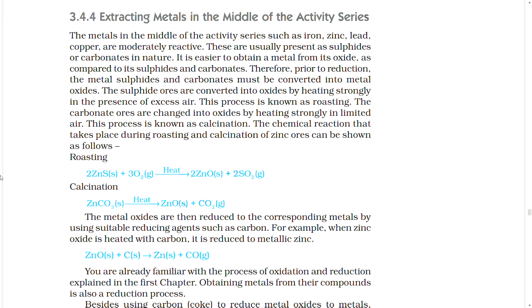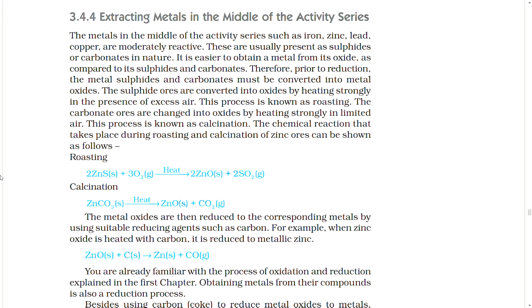The carbonate ores are changed into oxides by heating strongly in limited air. This process is known as calcination. The chemical reactions that take place during roasting and calcination of zinc ores can be shown as follows. Roasting: 2ZnS(s) + 3O2(g) → (heat) 2ZnO(s) + 2SO2(g). Calcination: ZnCO3(s) → (heat) ZnO(s) + CO2(g).